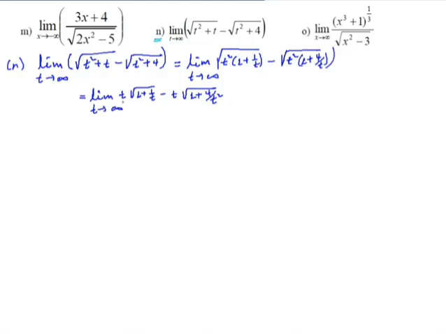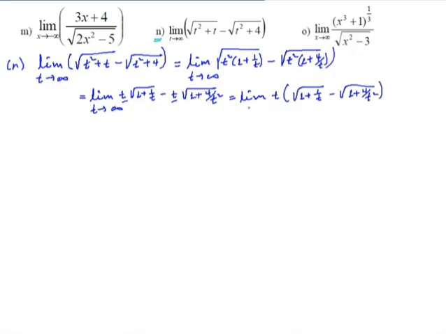Now we have t in common here, so this is equivalent to the limit of t times radical 1 plus 1 over t minus radical 1 plus 4 over t squared.